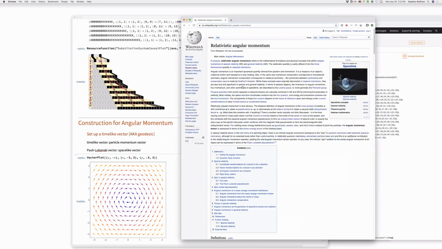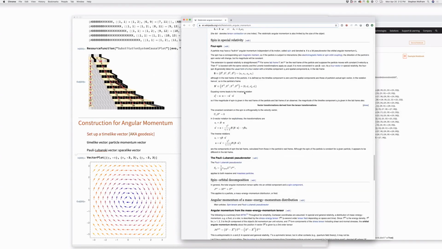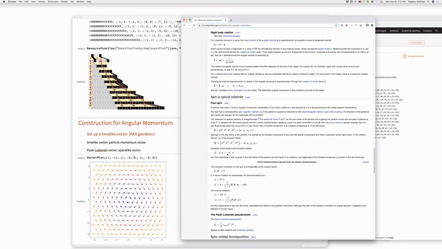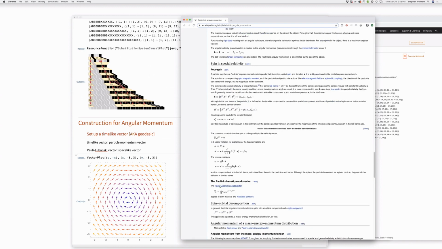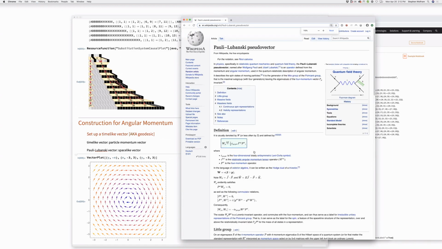Okay, all right, but so what we're looking at here, and by the way, there's another thing that's going to be a clue for us, the relativistic transformation of the angular momentum vector. Here we go. There's the Pauli-Lubansky pseudovector. Right. Okay. So that formula in blue in the rectangle shows the angular momentum, the J mu nu.